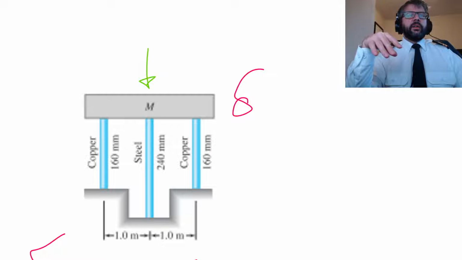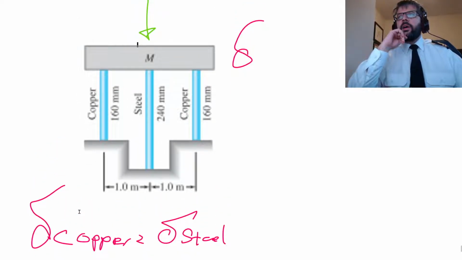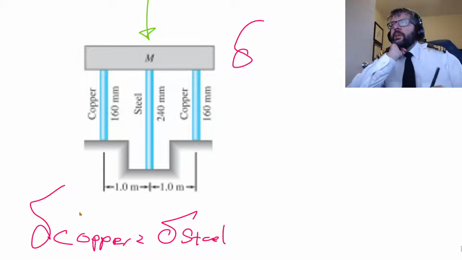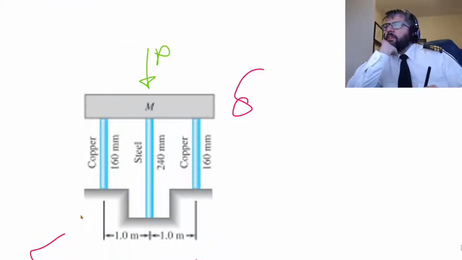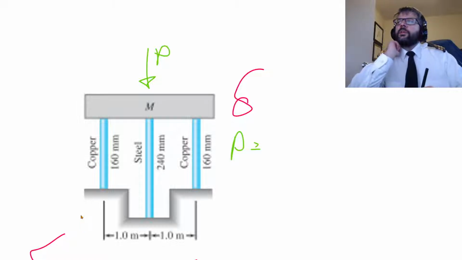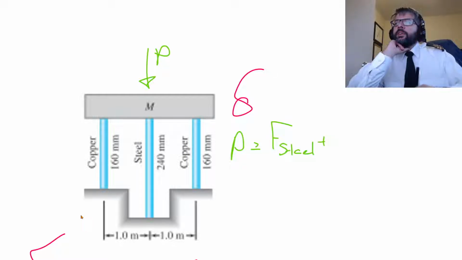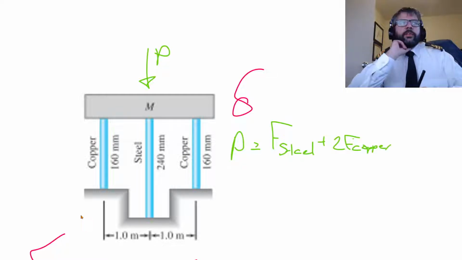If it's applying force downwards, then these would have a compressive force. But the magnitude of that, let's call this P, is going to be equal to F steel plus 2 F copper, because there are 2 of those copper bars.